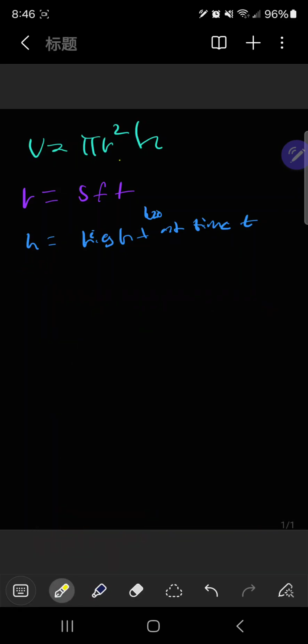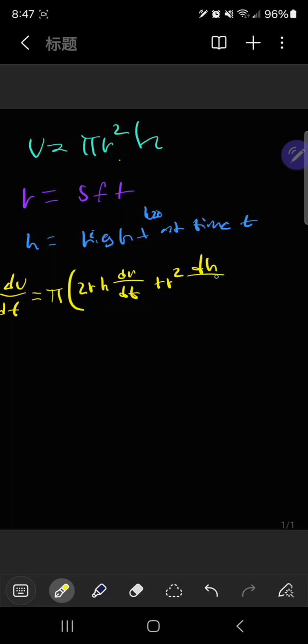So we have dV over dt equals pi times 2rh dr over dt plus r squared dh over dt.